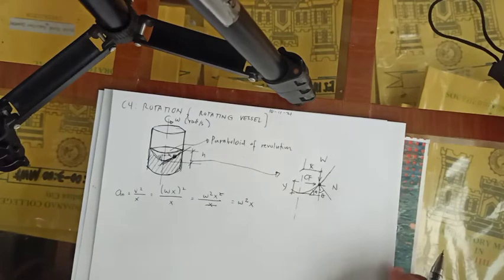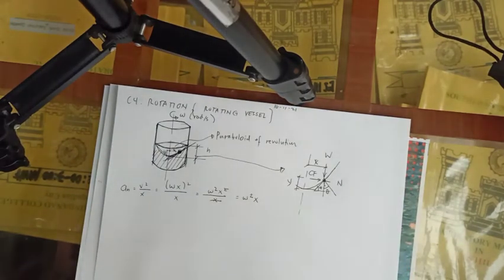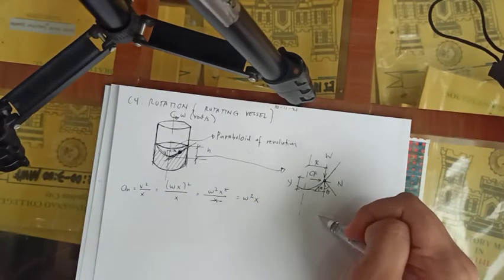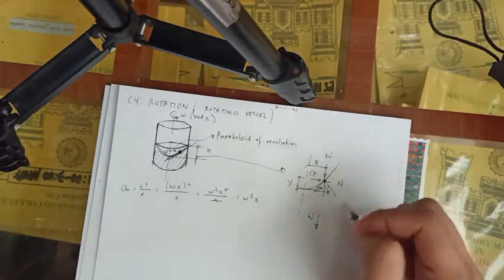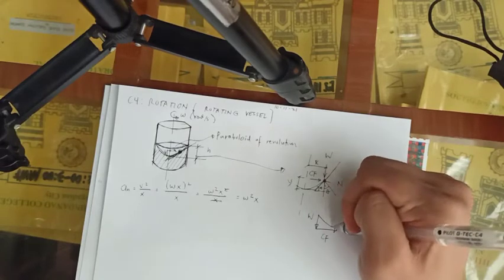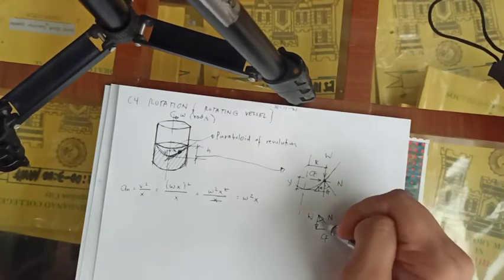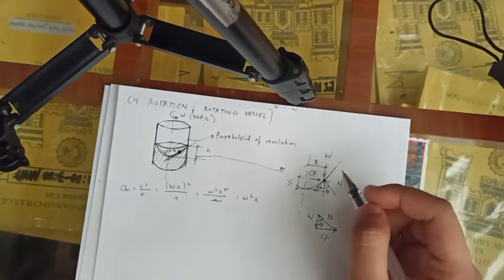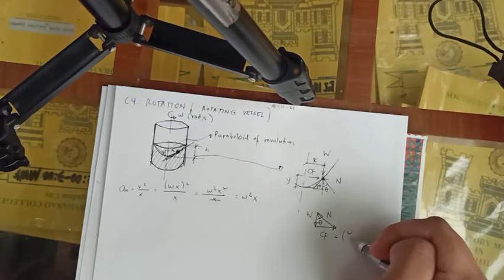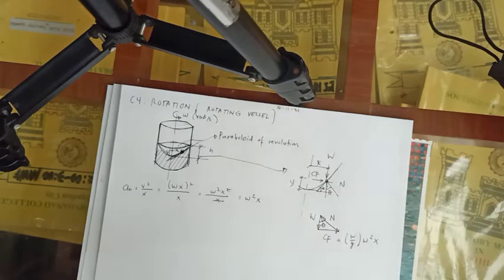So, doing the force polygon, we have the weight and CF and the normal force. So therefore, CF is W over g times omega squared x.